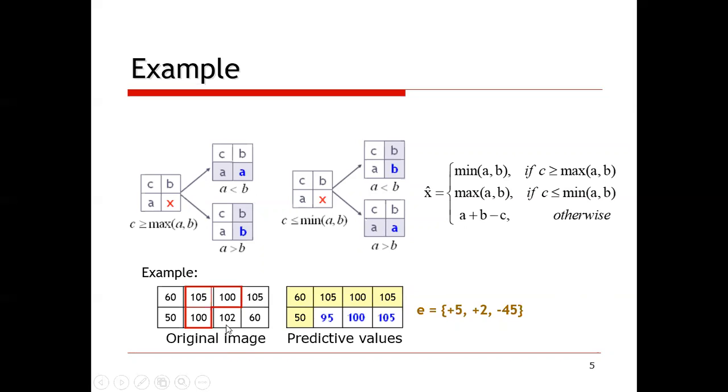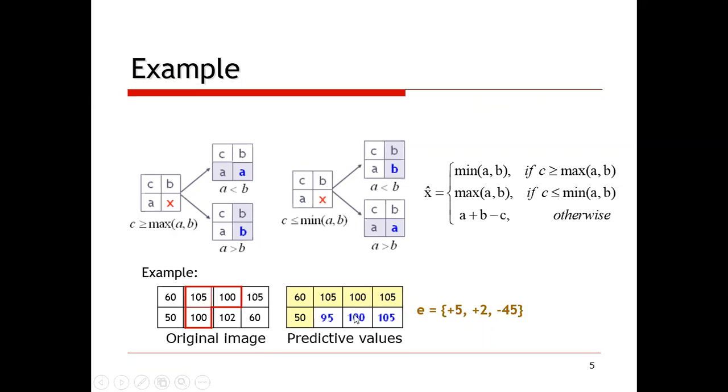So the first condition is satisfied. What is the predicted value of the given pixel 102? It becomes the minimum of a comma b. What is the minimum of a comma b? 100. So the predicted value of the given pixel 102 becomes 100.